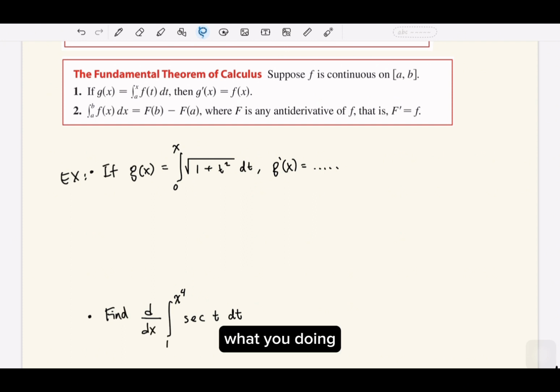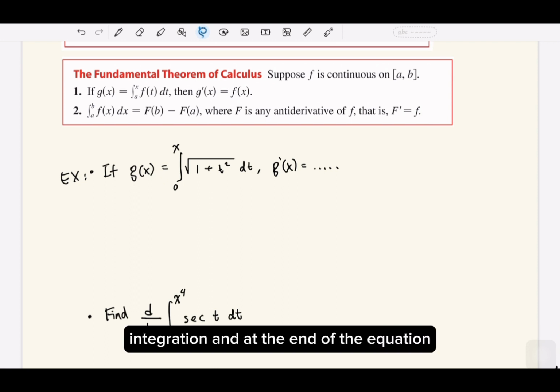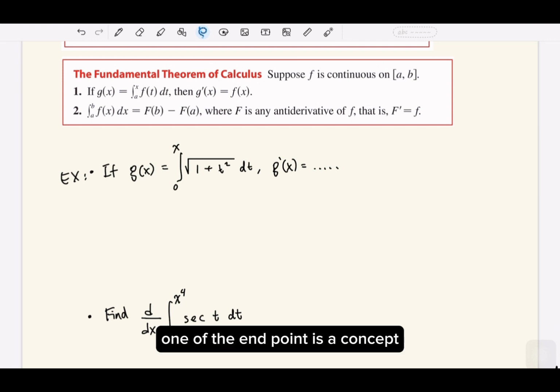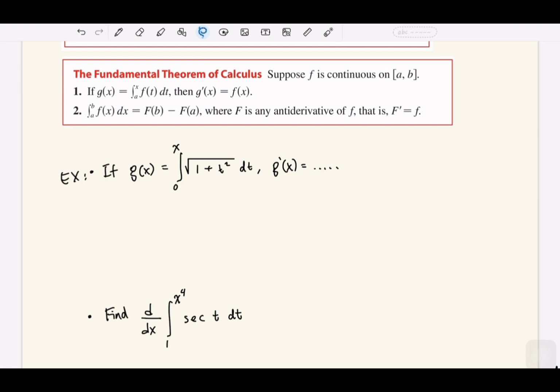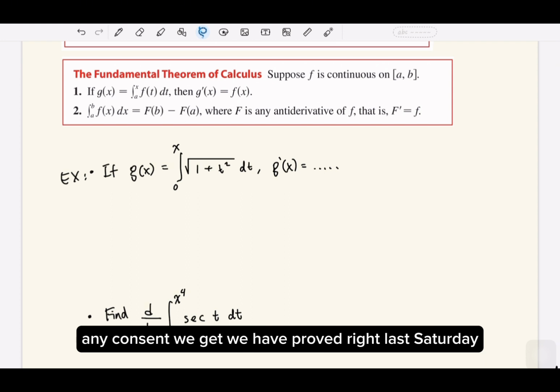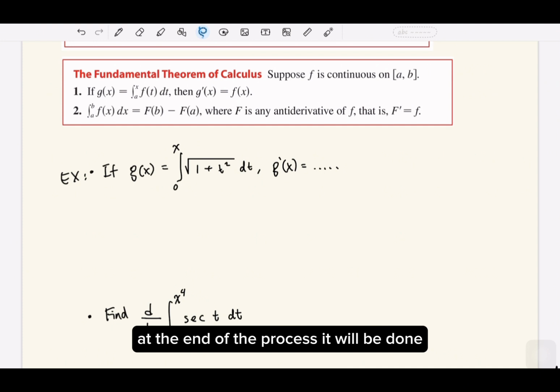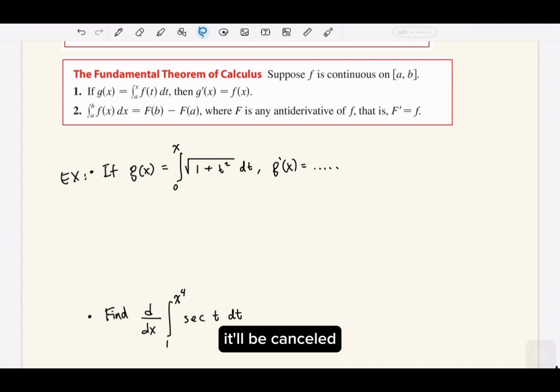As I mentioned, we have g, we want to find g. So basically, because g is having the integration, and at the end of integration, you are expecting to put in all your numbers inside, or put all the endpoints. Since one of the endpoints is a constant, any constant, we have proved last Saturday, any constant you put, at the end of the process, it will be cancelled.